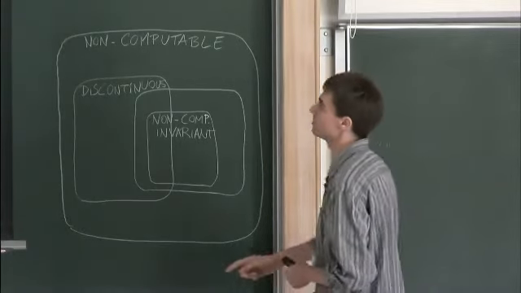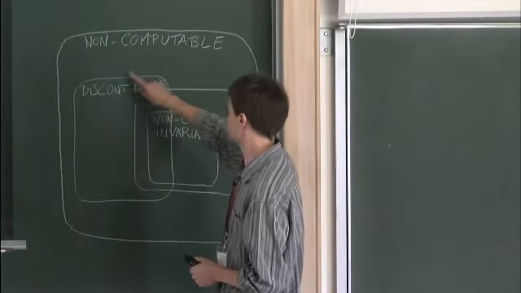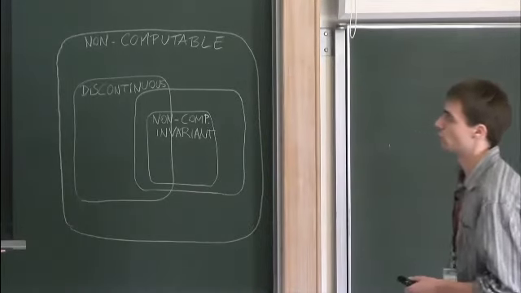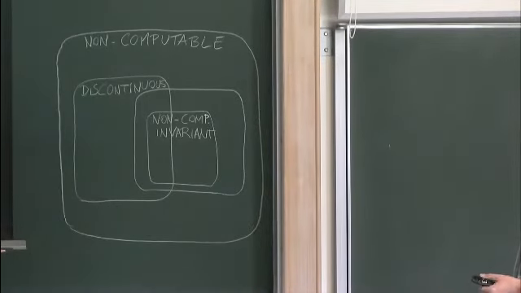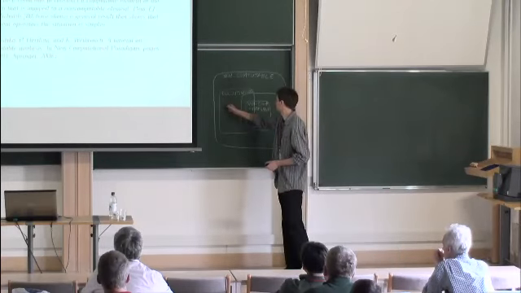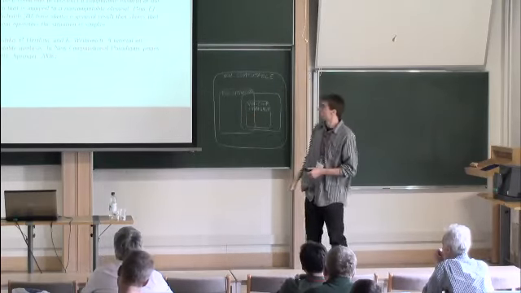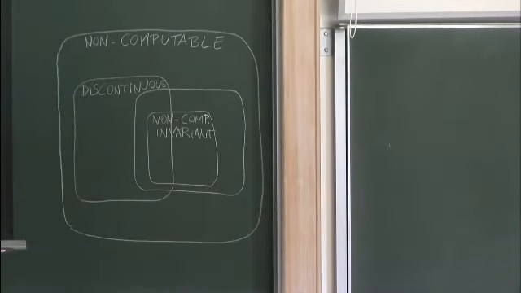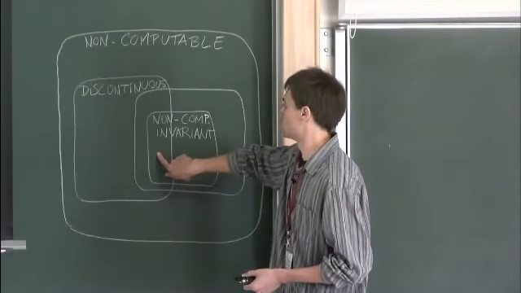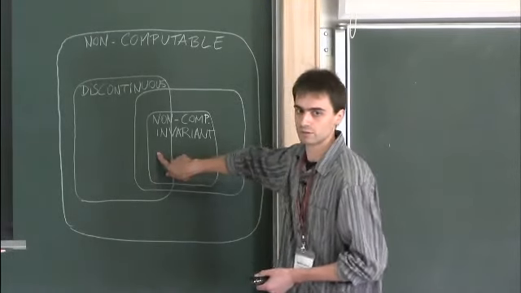So often functions belong to this rectangle. A non-computable function may nevertheless be computably invariant, so a function may be here. And if it is not computably invariant, it can be a challenge to construct a computable element that is mapped to a non-computable one, so it can be a challenge to prove that the function is here.